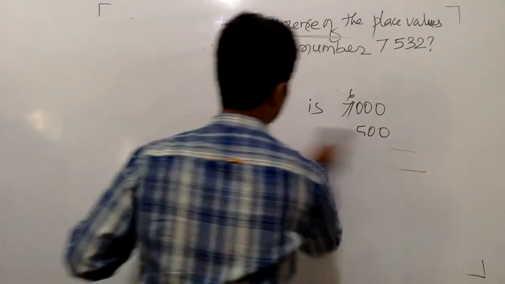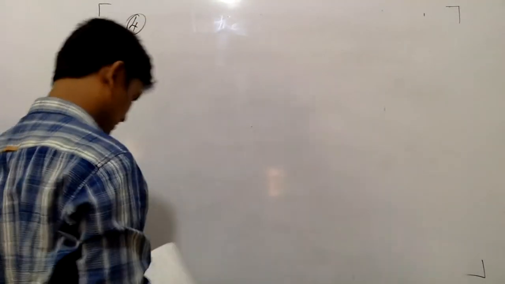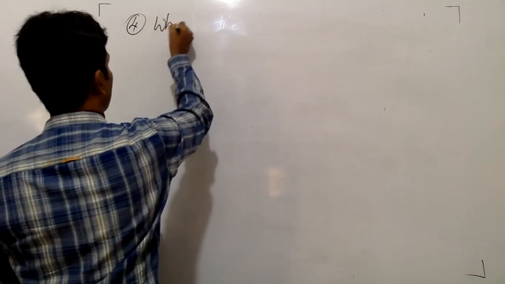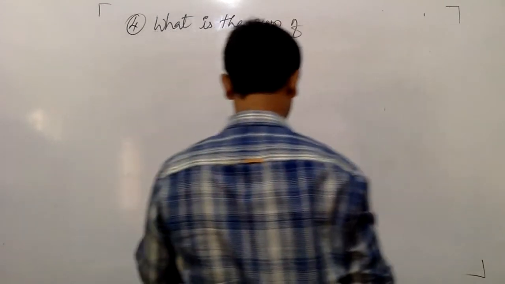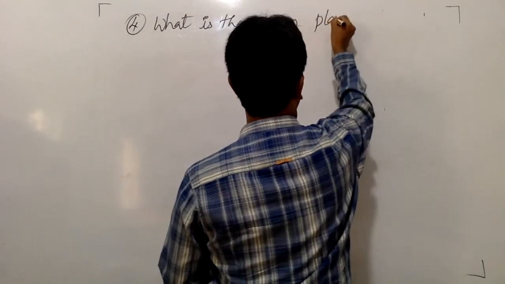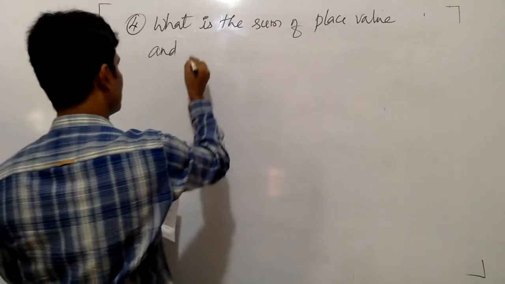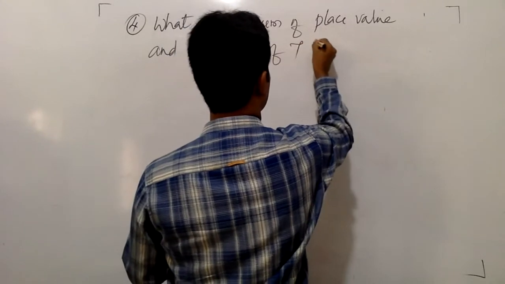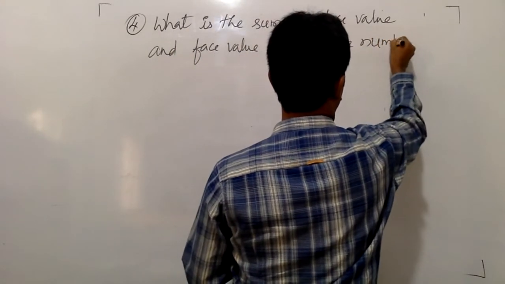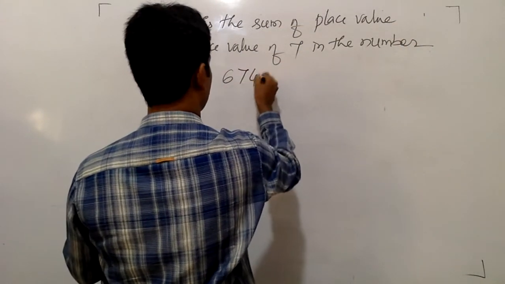Okay, let us move on to the next question. Fourth question: what is the sum of the place value and face value of 7 in the number 6742?